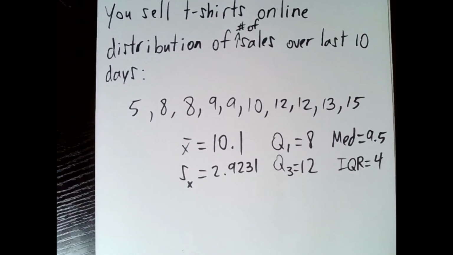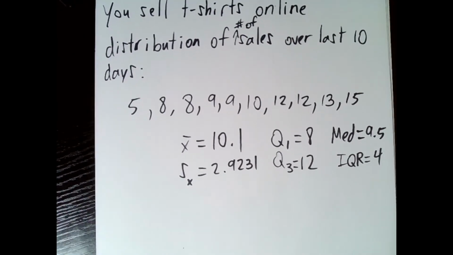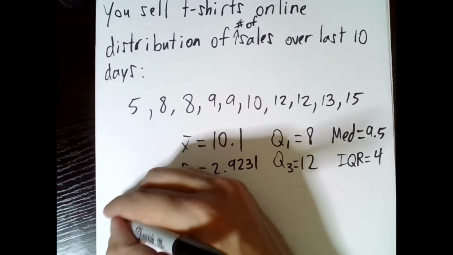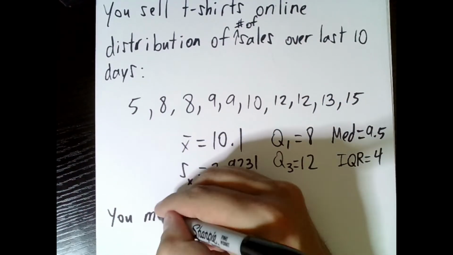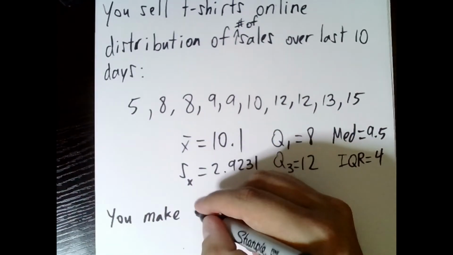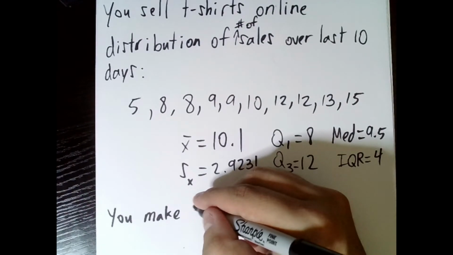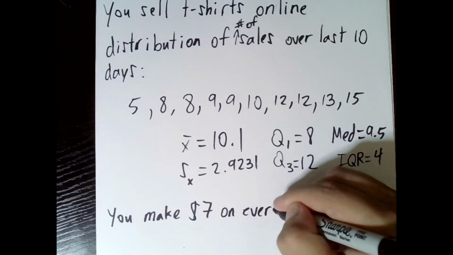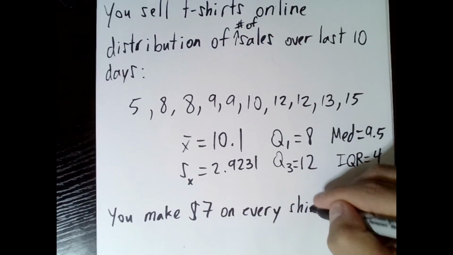Although we're interested in the number of t-shirts we sell, what we're really interested in is our profits. So let's say you make, let's give you a nice profit margin, you make $7 on every shirt sold.